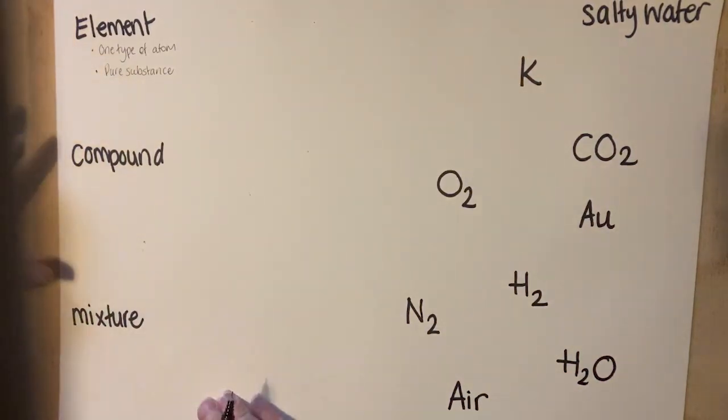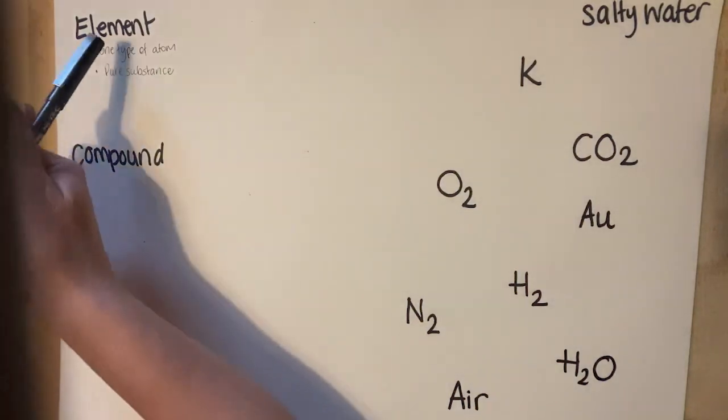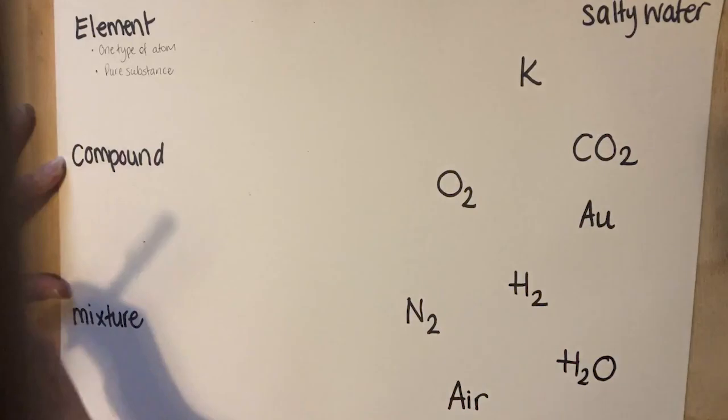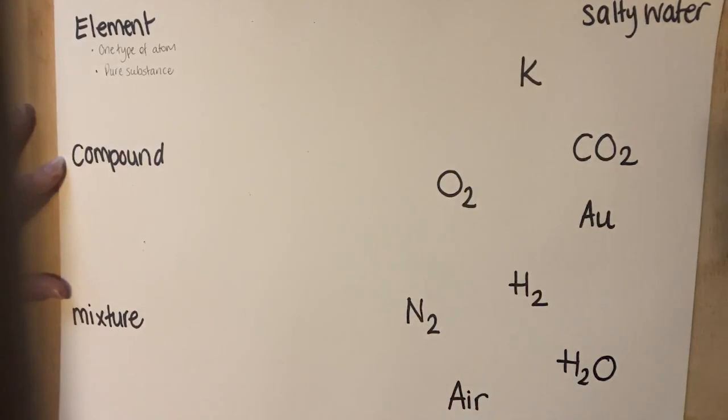Okay, compound then. Now a compound is not an element, but it can use the elements to be created. So elements can make up the compound. If it's not the same as an element, which is why it's got a different name, it's no longer going to be one type of atom.